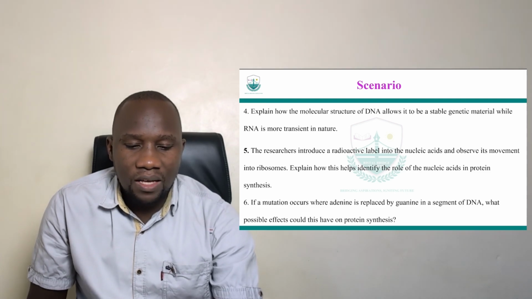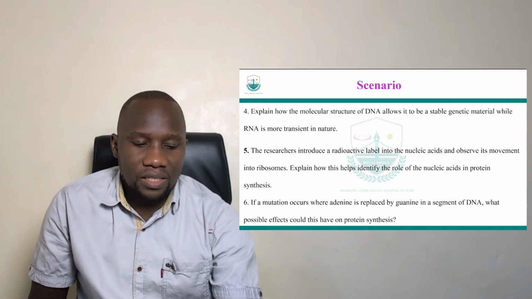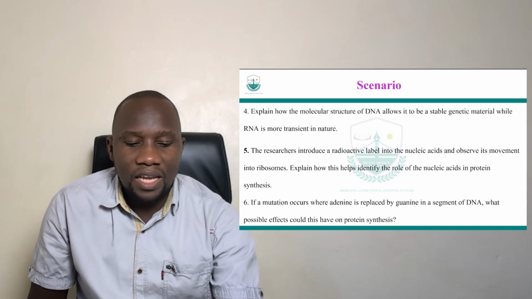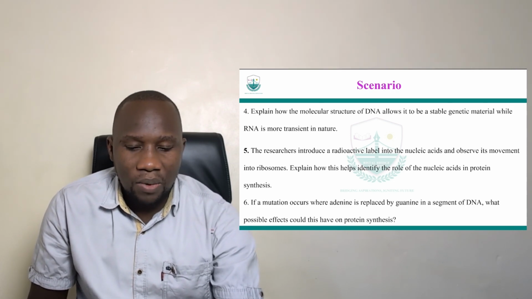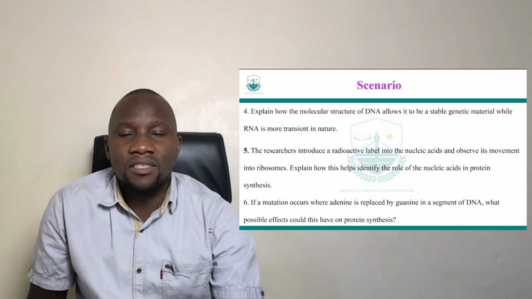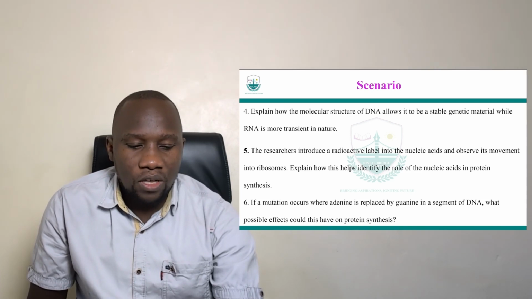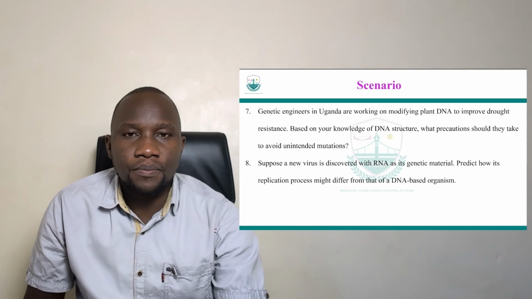Explain how this helps in identifying the roles of the nucleic acids in protein synthesis. Then, if a mutation occurs where adenine is replaced by guanine in a segment of DNA, what possible effects could this have on protein synthesis?